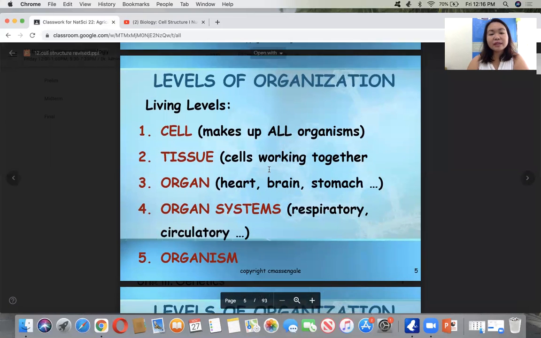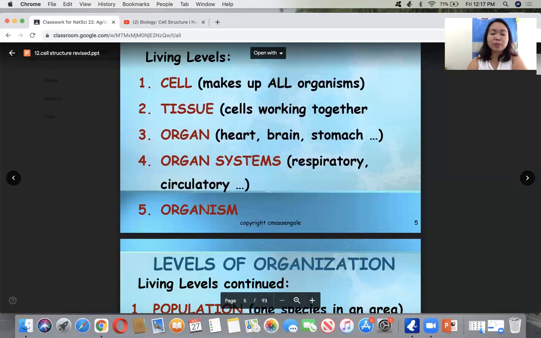Then we have living levels like the cell, which is the basic unit of all organisms, and tissues, which are cells working together, and organs like in animals or humans, the heart, brain, and stomach, and organ systems for respiratory and circulatory, and the whole organism.